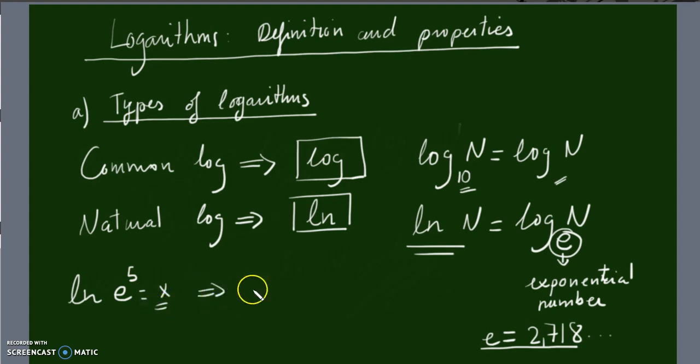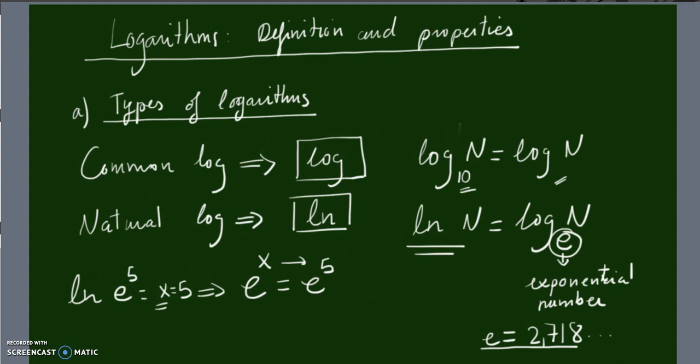The base, as you see, we don't see any base, but the base is the number e. So e to the power of x has to be equal to e to the power of 5. So obviously x is 5.